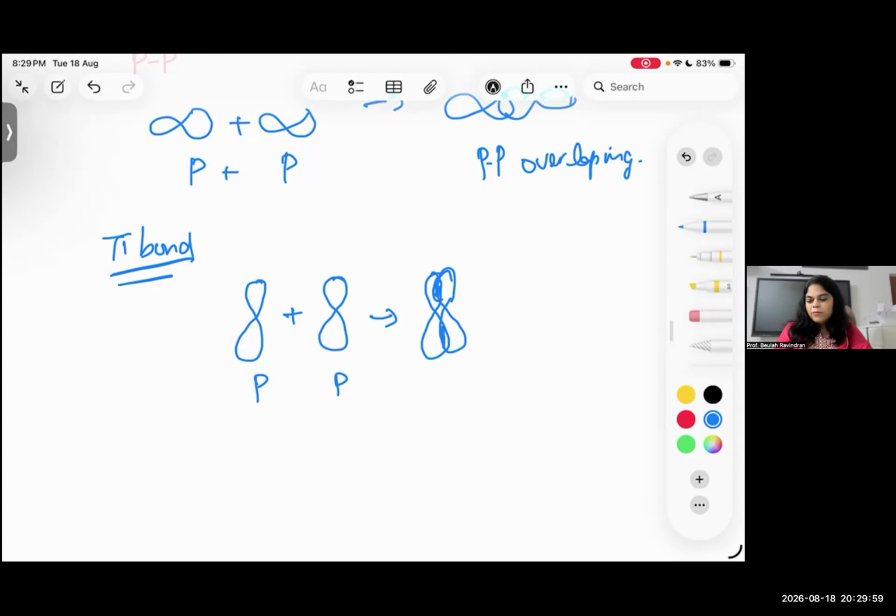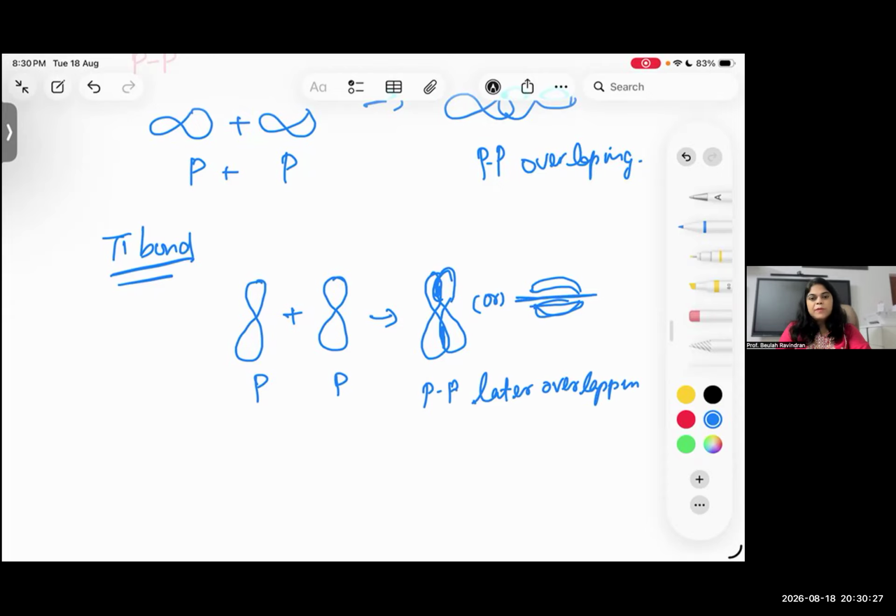Or it may overlap like this also. So this is the nuclear axis. Perpendicular to the nuclear axis, it may happen. It is P to P lateral overlapping.